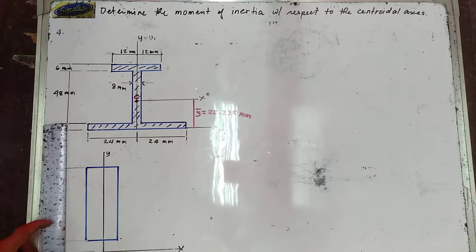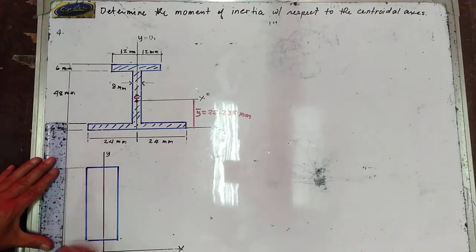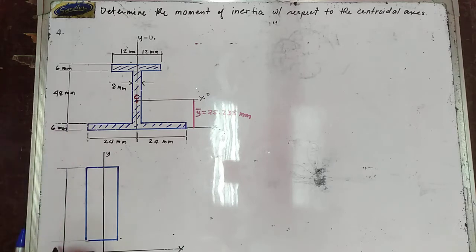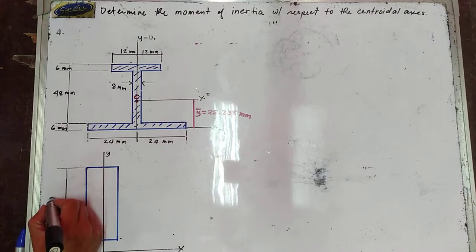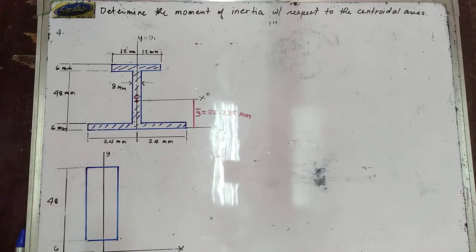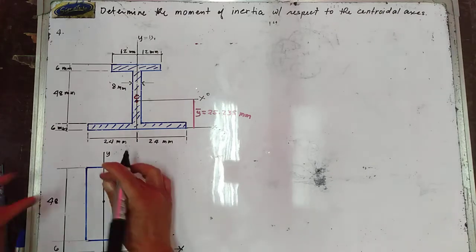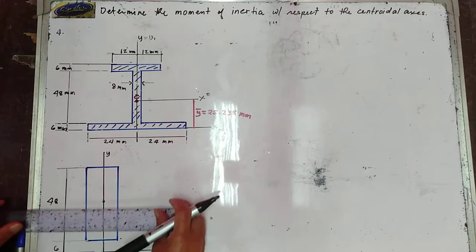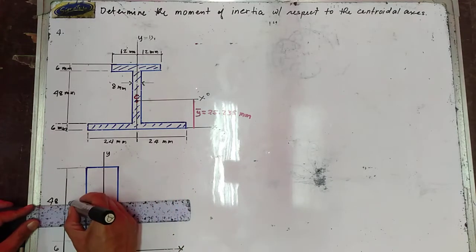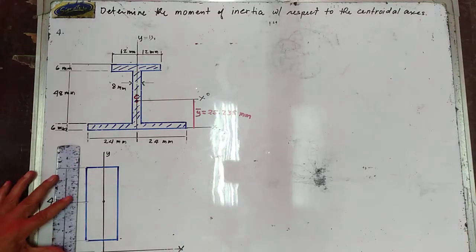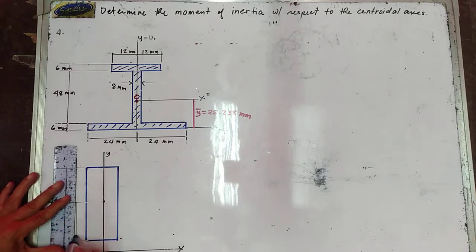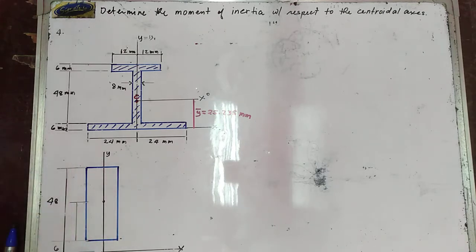So we have 6 millimeter, and this is equal to 48 millimeter. Now, the centroid of this area is located at this point. So this area alone, this one in here is equal to 24 millimeter.